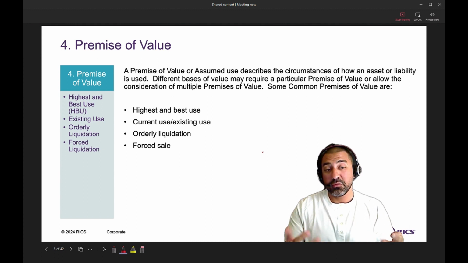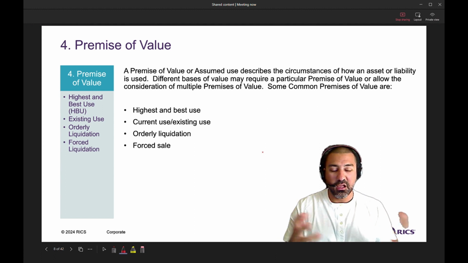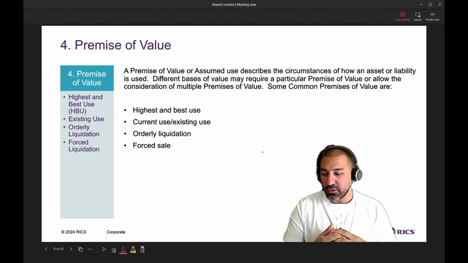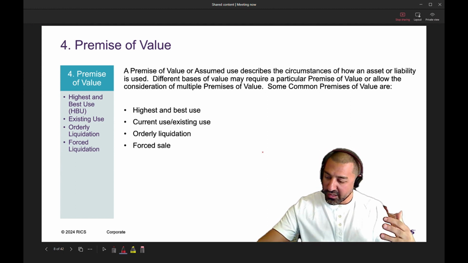But in a separate example, let's say another client comes to you and says, I want to value my factory, and you ask, okay, what's the profile of the buyer?